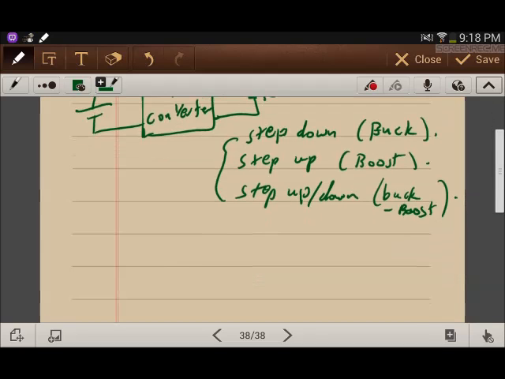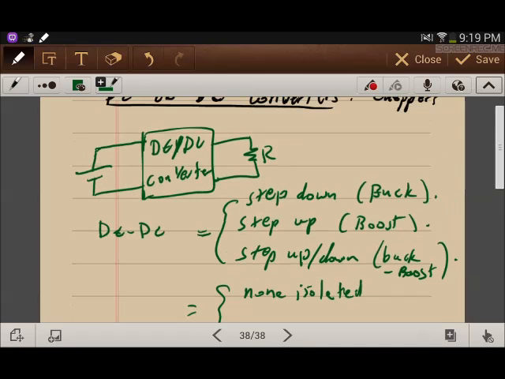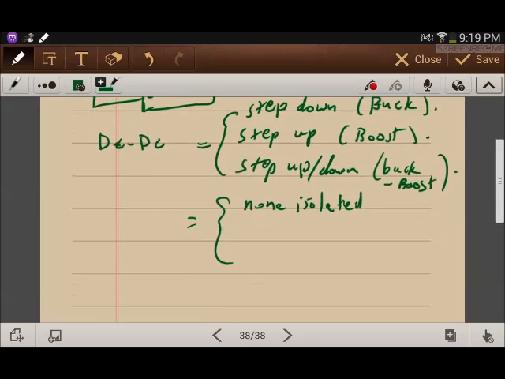Or it can be categorized according to isolated or non-isolated DC to DC converters. So we have non-isolated, and this means that the DC source is directly connected to the power electronics switches, like these three types.